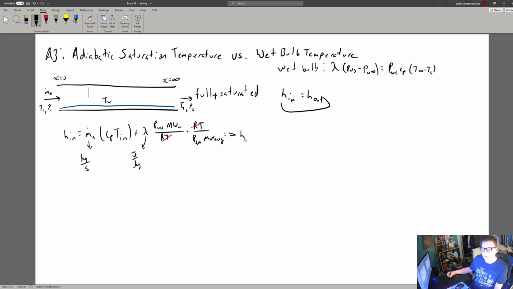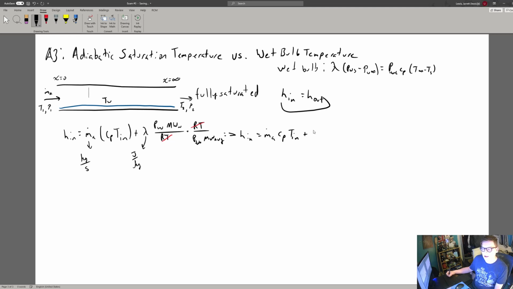So we'll have the enthalpy in is equal to the mass flow rate of the air times the heat capacity times the temperature in.